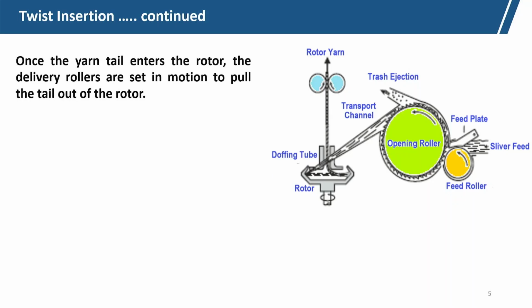Once the yarn tail enters the rotor, the delivery roller is set in motion. So, as soon as the tail end of the seed length enters, we start the delivery, and it pulls out whatever yarn is being twisted, whatever fibers are twisted at the rotor groove.